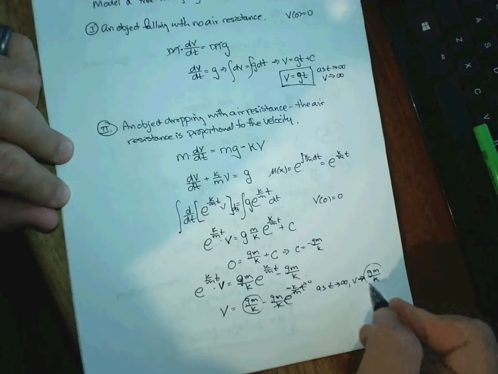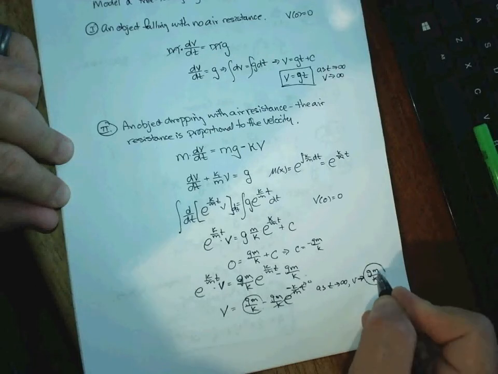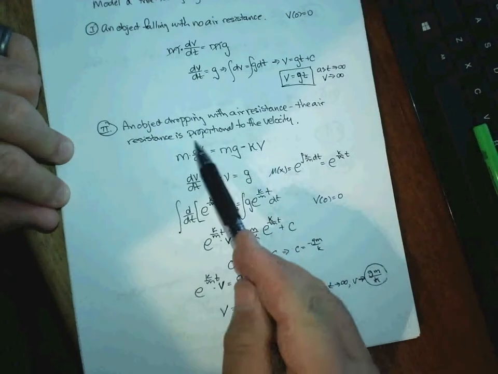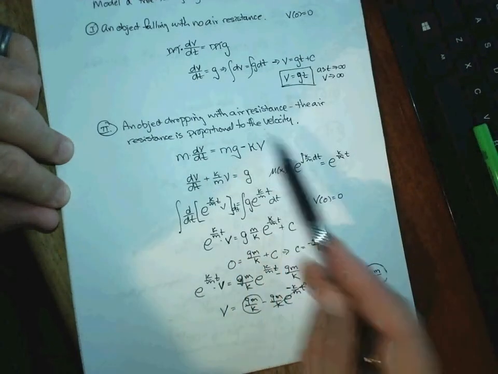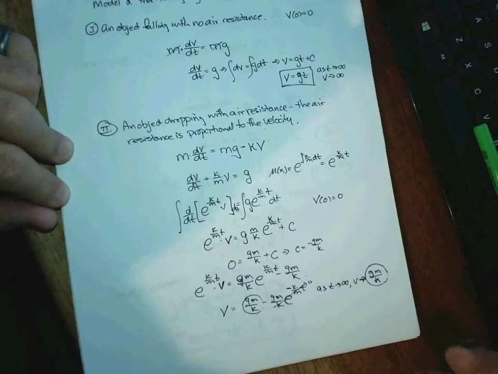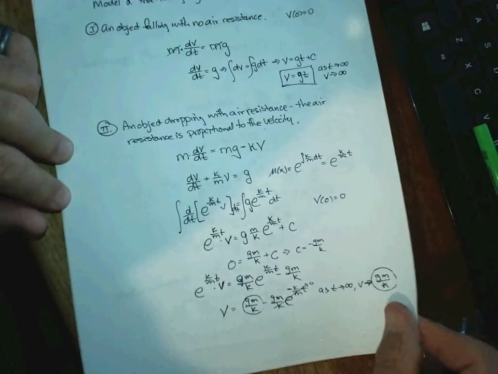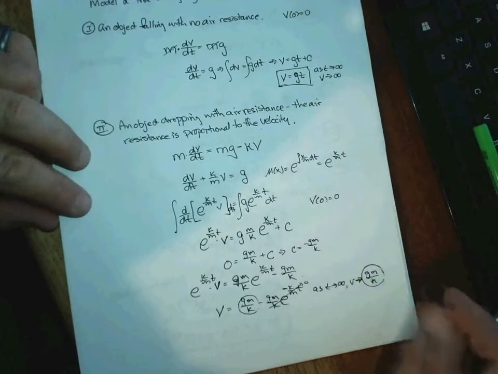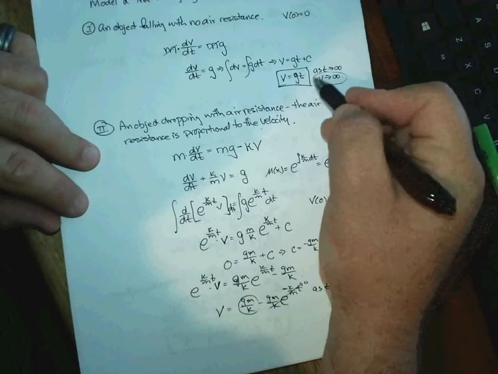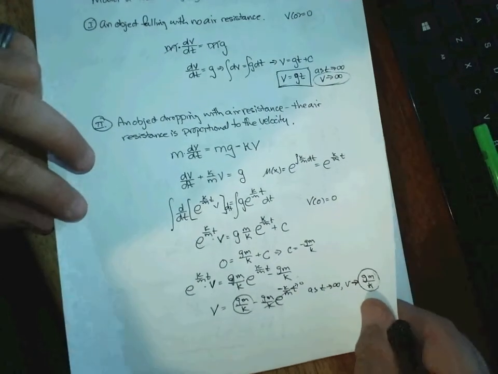The fastest that object can fall is according to gravity times the mass divided by this constant of proportionality that you used in the modeling of the air resistance, which is going to be a factor of whatever the body is that's falling. It's its drag, in effect, being calculated into that constant, okay? But that's going to be your terminal velocity, as opposed to having an infinite velocity that you're approaching. And that certainly seems more reasonable, right?